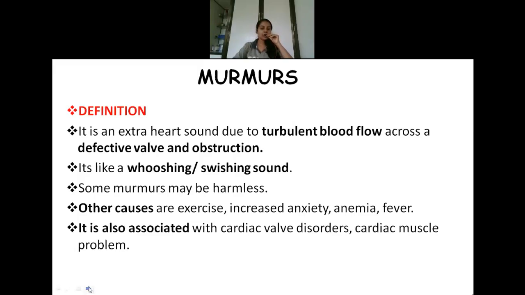Remember, murmurs are also abnormal heart sounds, and most of the time why are murmurs produced? Because of the gushing of the blood, that is, excess turbulence of the blood. You know, when there is a pipe, what will happen when the pipe gets narrowed?